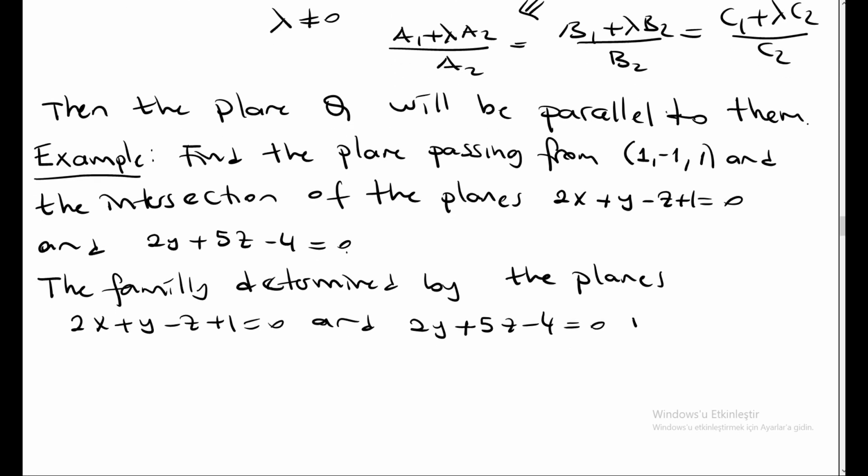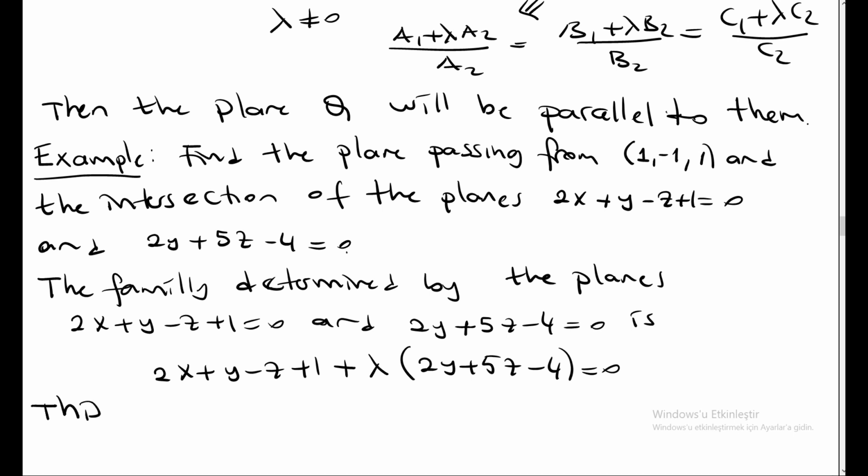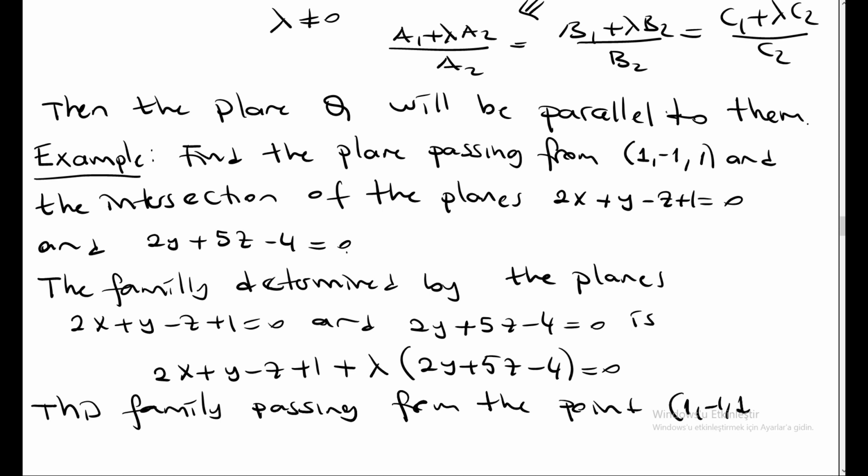Is this one: 2 times x plus y minus z plus 1 plus lambda times (2 times y plus 5 times z minus 4) equals 0. So this family passing through the point (1, -1, 1).